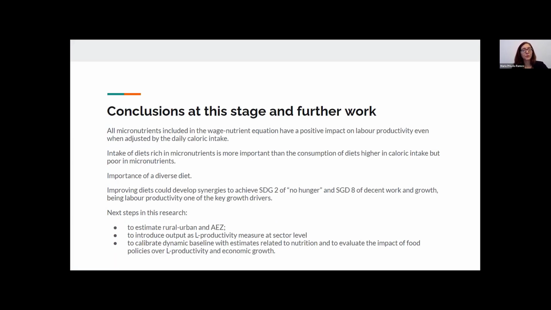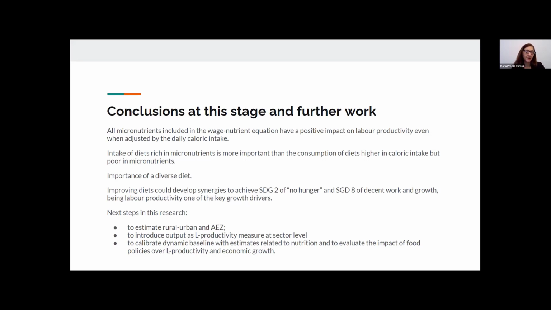It is important to have a greater diversity of food we eat. So diversity in the diet also talks about the nutrient content of our intakes, in this case of Kenya. To finish, what are the next steps in this research?